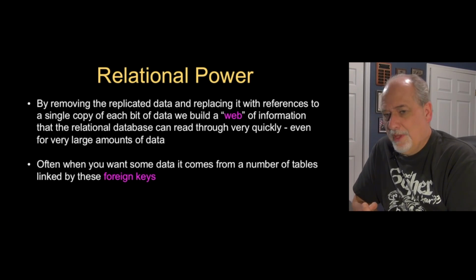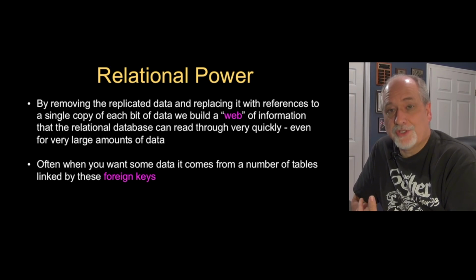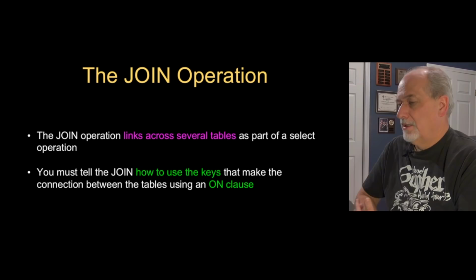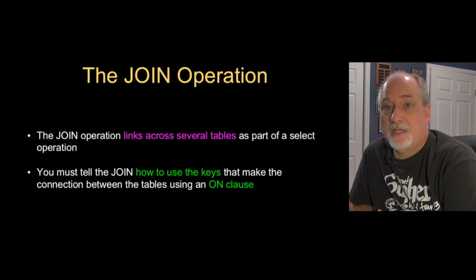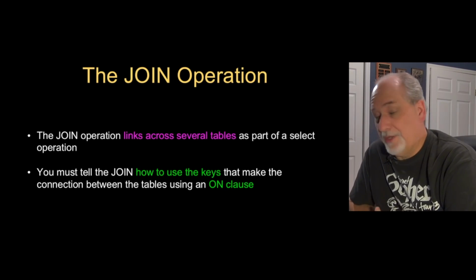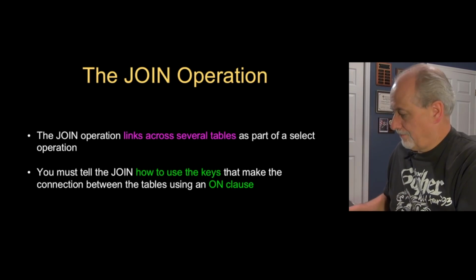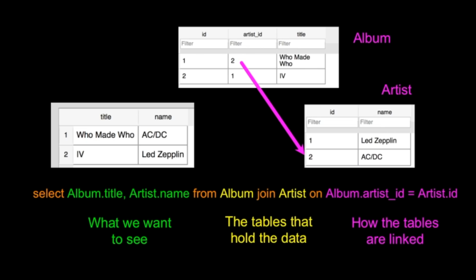And so we have done this for efficiency of storage, efficiency of scanning, etc. But we do need to traverse these foreign keys at times, and the database software will do this for us automatically. So the join operation basically is a way to specify in a select statement that you want to pull data out of more than one table, and then specifying using what's called the ON clause exactly how you want that data pulled out. And so here we go.